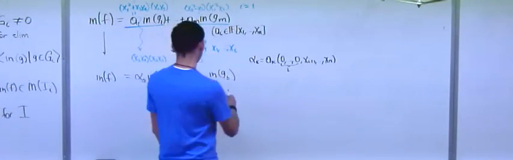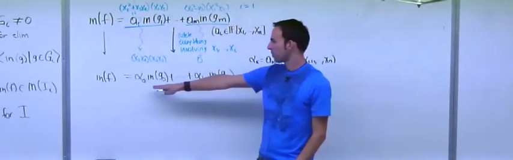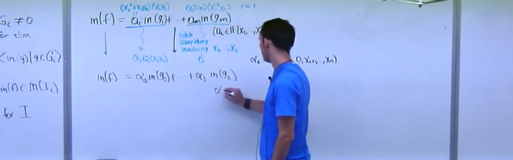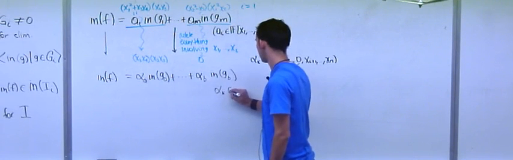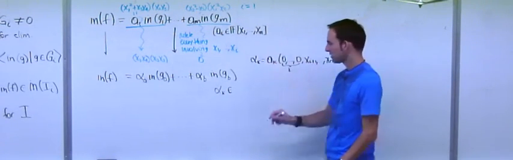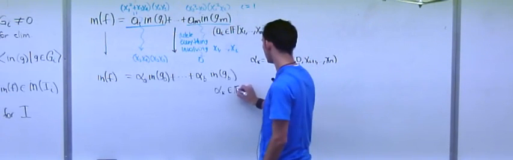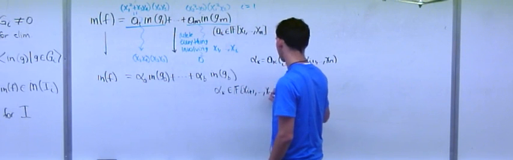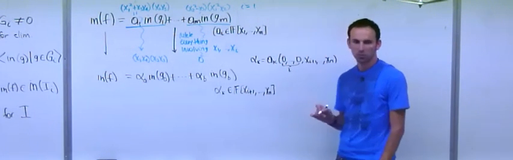So what's the point? Well, in the way that I wrote this, the alphas are a little bit different now. It used to be that the AIs were polynomials in x1 up to xn, but now I can say something stronger: they're polynomials only involving the last variables, because I threw out the first variables.